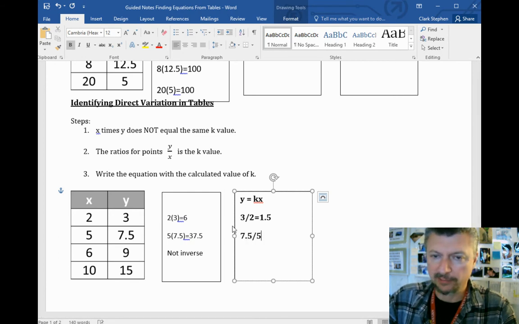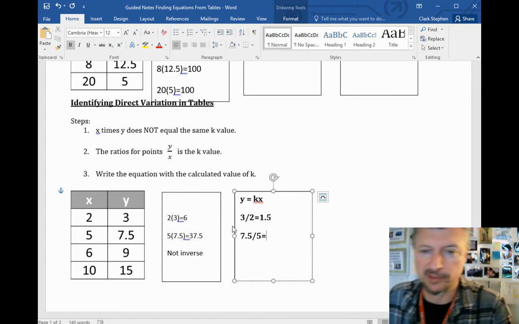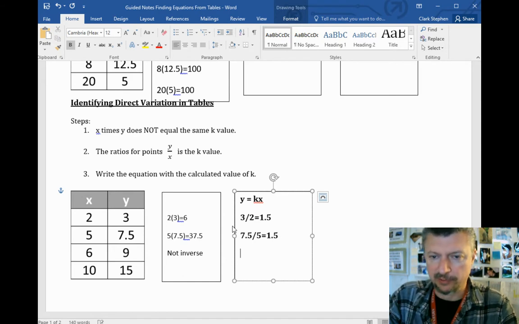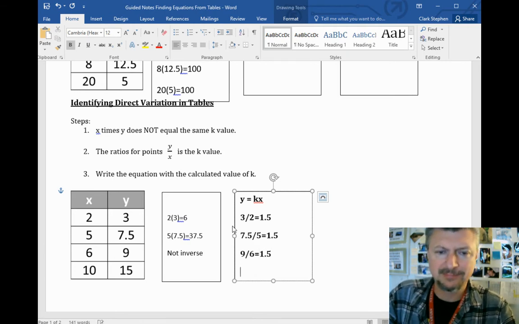We have 7.5 divided by 5. I know that equals 1.5, but I'm going to do it in the calculator just to make sure. 7.5 divided by 5. That is 1.5. Hopefully you can see that. And then we continue. 9 divided by 6. Remember, we're doing y divided by x every time. 1.5 again.